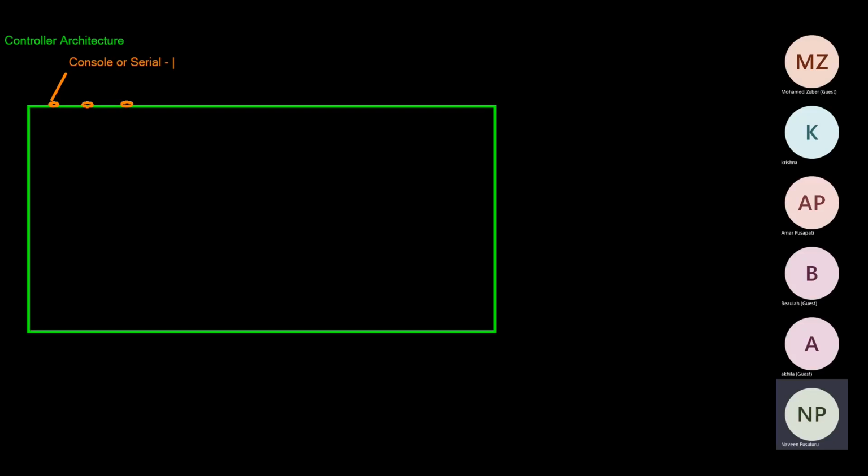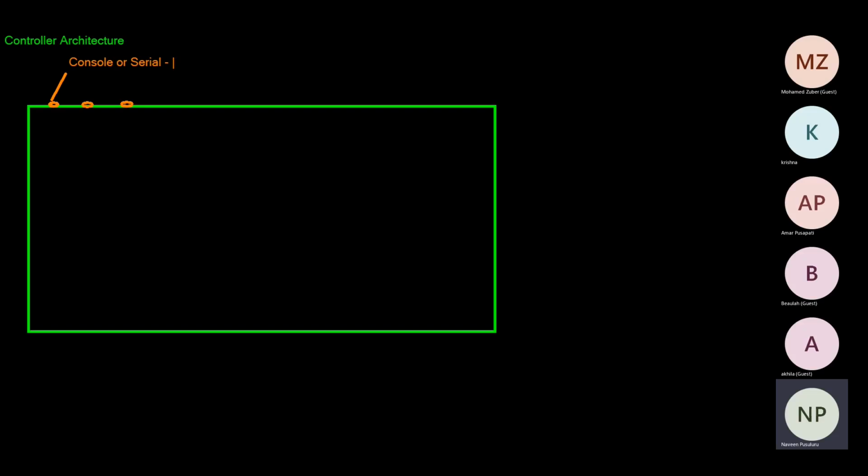We have a port called the console port. We connect the cable to the console port and the other end of the same cable to your laptop, so that you get access to the controller through this console or serial port, and you can do the initial configurations.